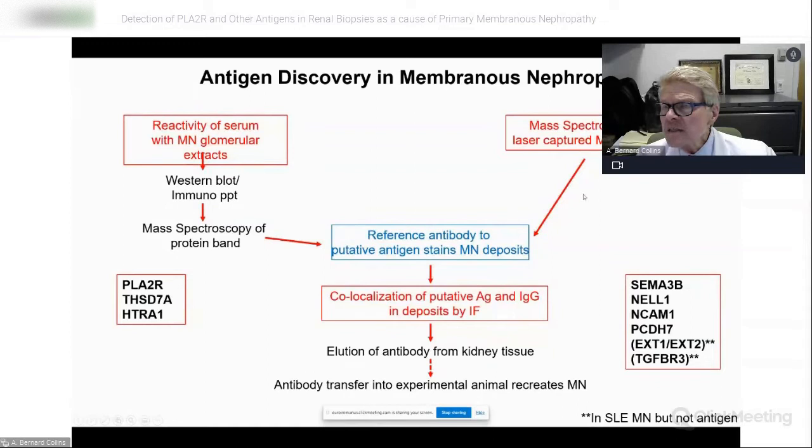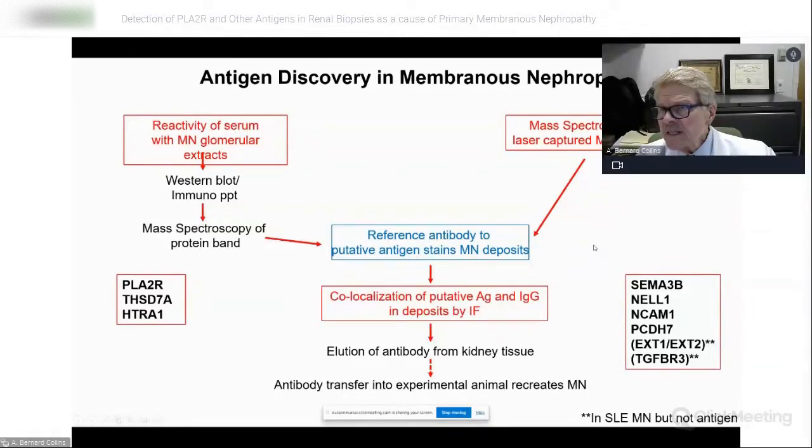The other technique that has been largely used by Sanjeev Sethi and others at Mayo is using laser-captured membranous glomeruli in renal biopsies, and then doing mass spec on those that isolate to identify the antigen.